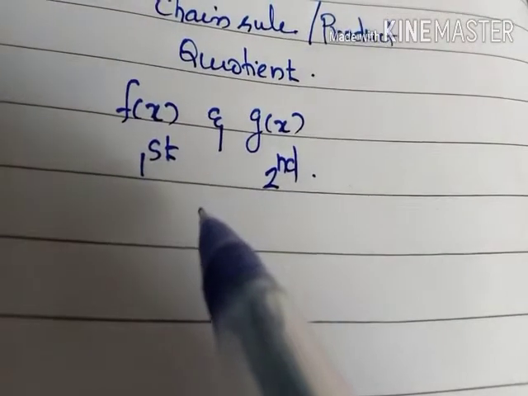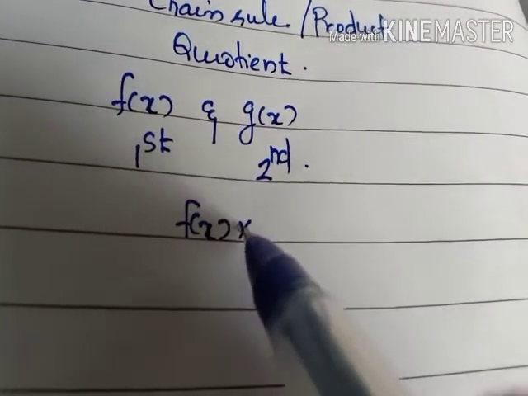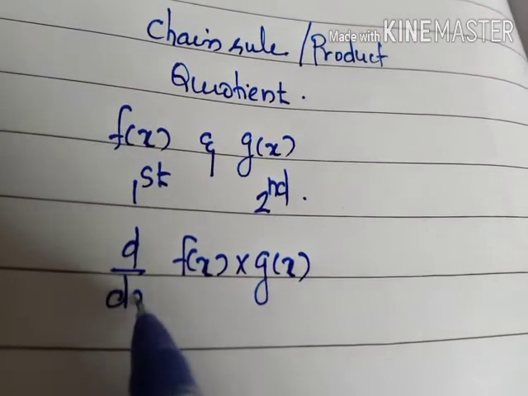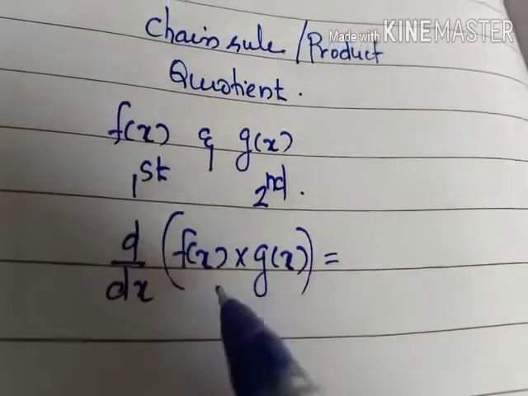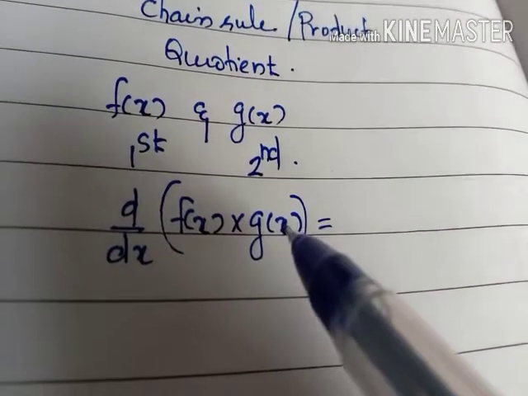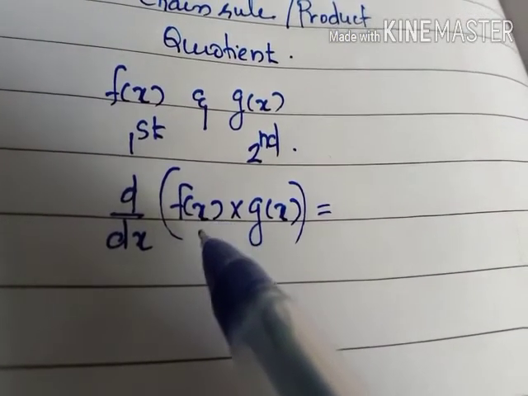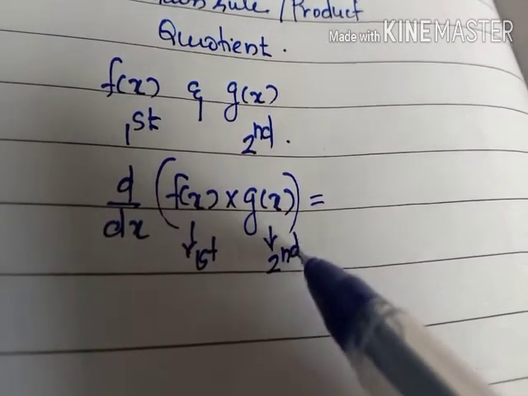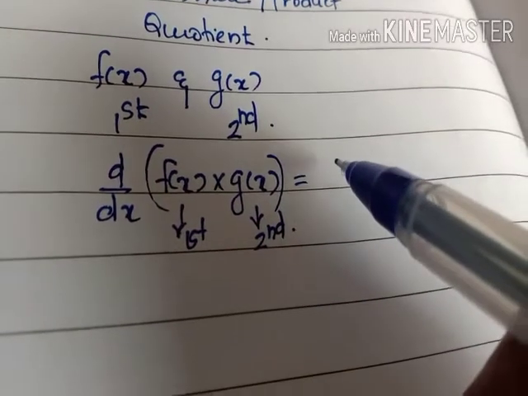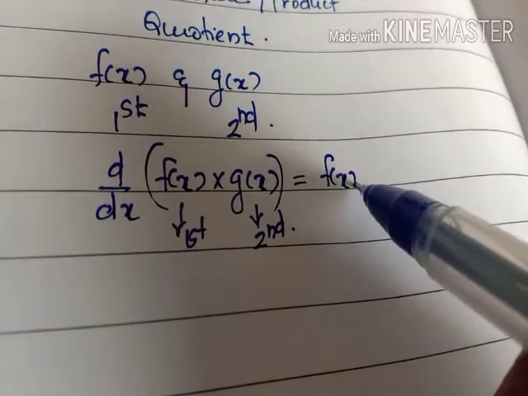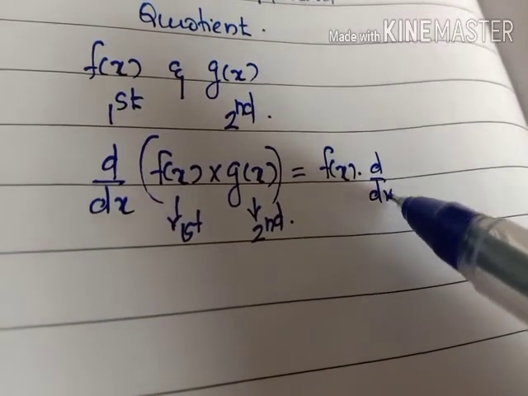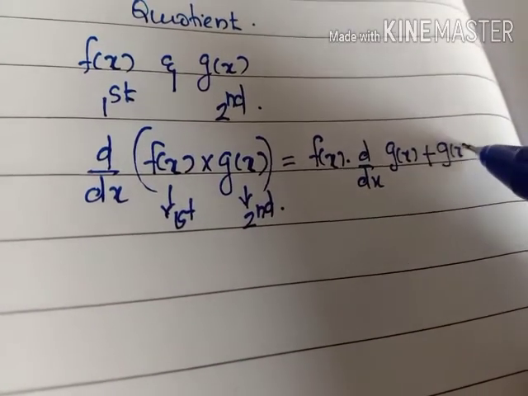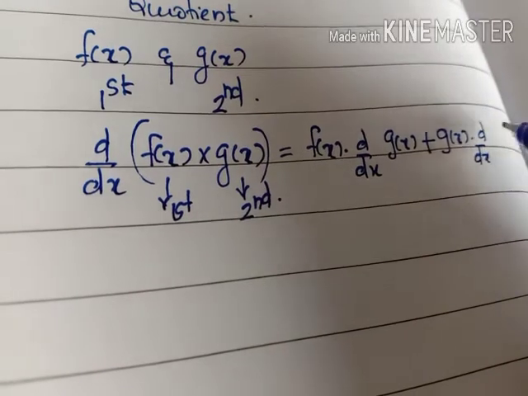Now we can find the product of these two functions, f of x into g of x, and its derivative. By the product rule it is first function into derivative of second function plus second function into derivative of first function.